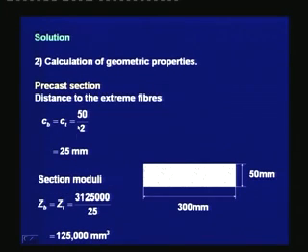We are calculating the distance to the extreme fibers CB and CT, which both are 25 millimeters. The section modulus can be calculated as I1 divided by CB or CT, and both of them are equal to 125,000 millimeter cube.